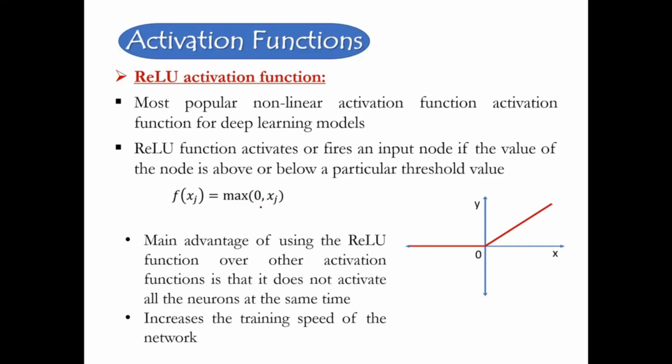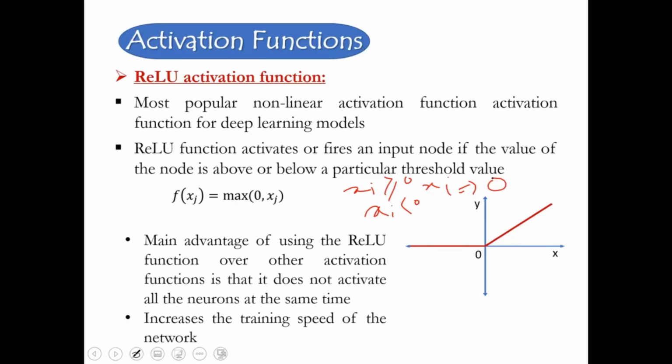That means, suppose if xi is greater than 0, the output will be xi, and if xi is less than or equal to 0, the output becomes 0. That means for negative values, it is telling the neuron, don't fire.